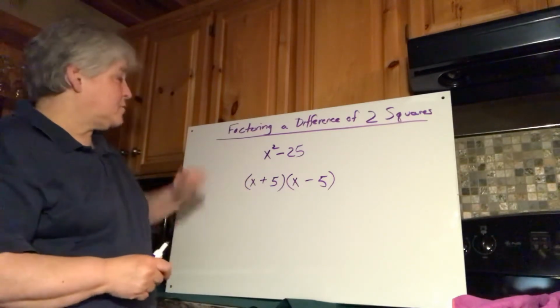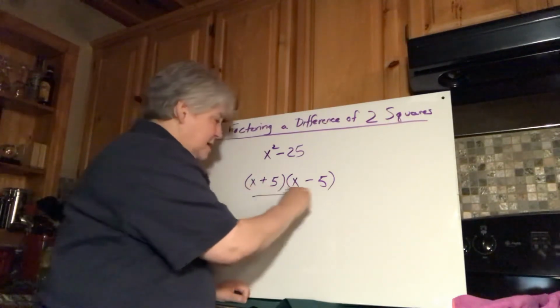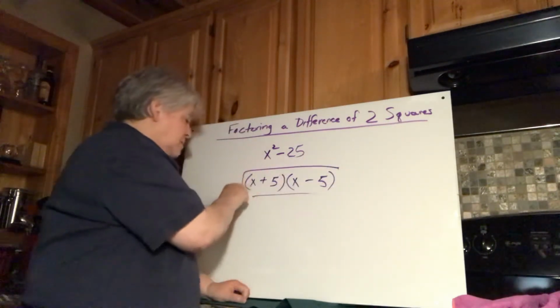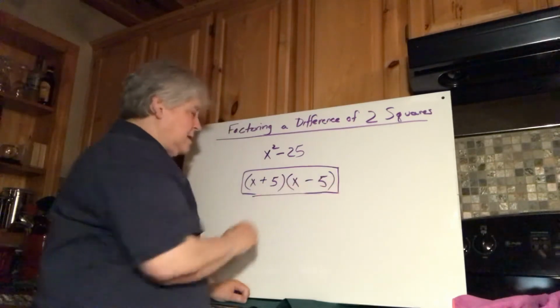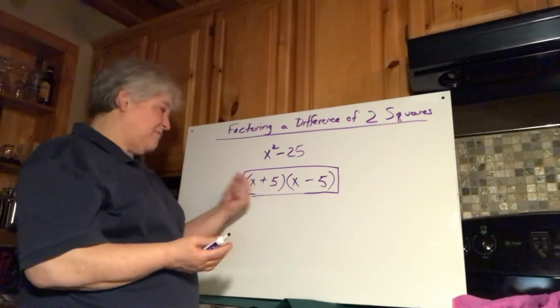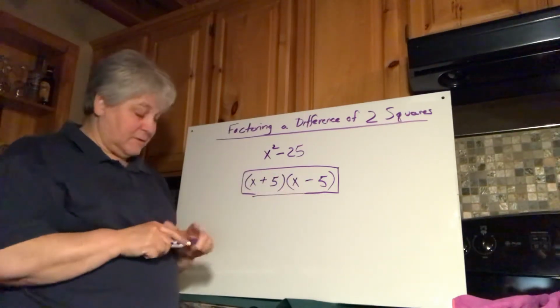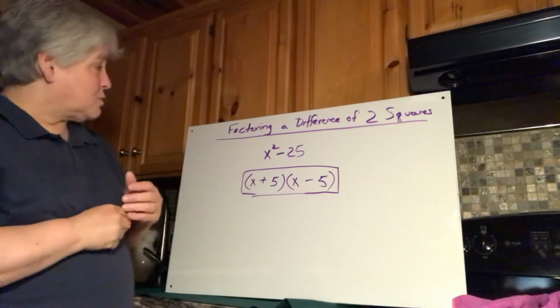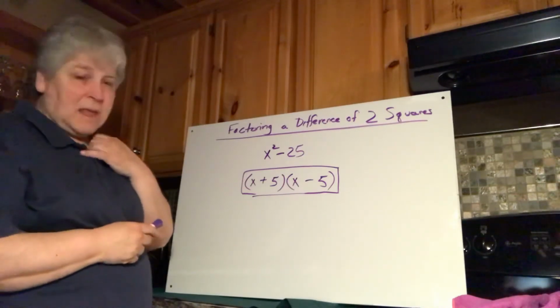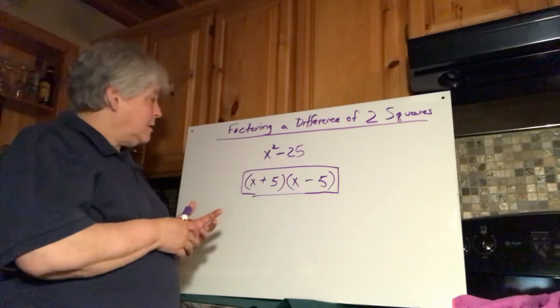So we had a difference of 2 squares, and this is how it is considered factored right here, because remember we talked about something being factored if it's written as multiplication, and here we have this stuff times this stuff because the 2 parentheses are bumping up against each other. Last night's homework, you took out a greatest common factor.